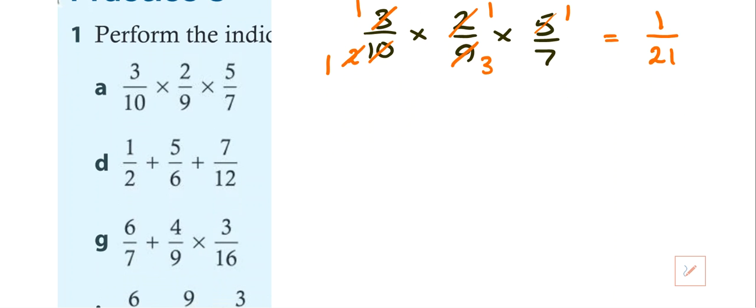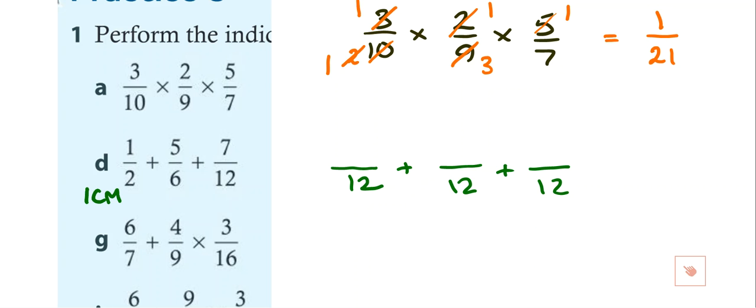We're going to add these fractions. So what do we do to add fractions? Common denominator. So we're going to try and find the lowest common multiple of 2, 6 and 12. What would it be? 12. Good. So the common denominator can be 12, because it's the lowest common multiple.